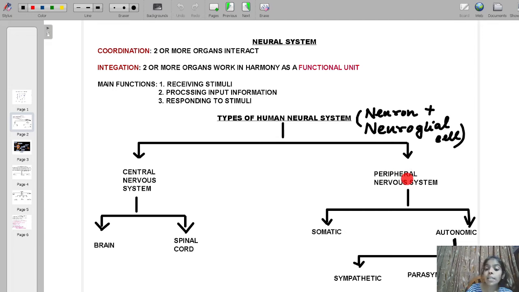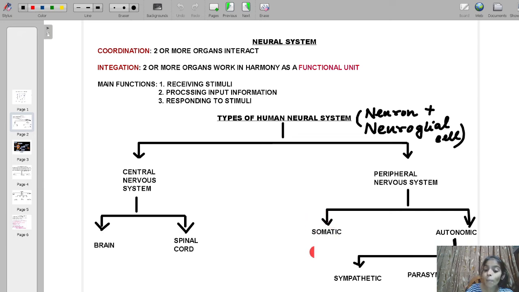The peripheral nervous system, according to function, can be of two types: somatic and autonomic. Somatic comes from the word soma. Soma means body.